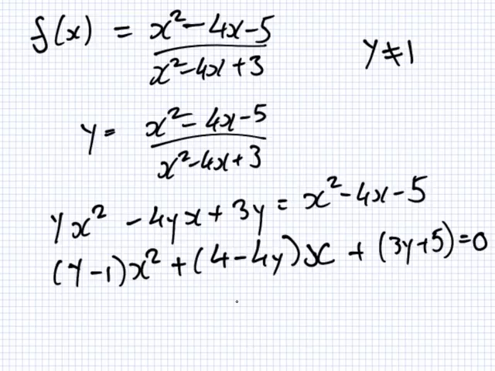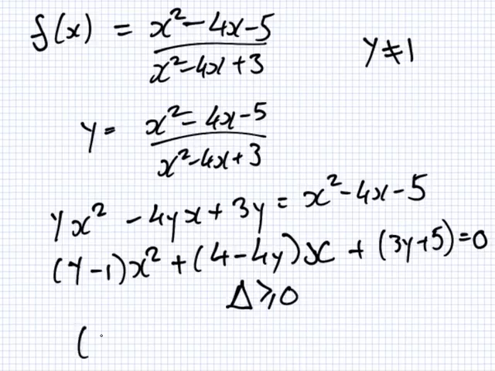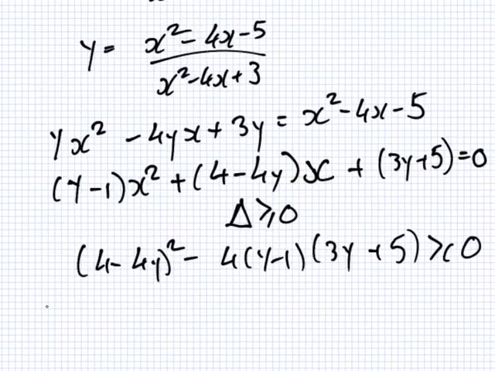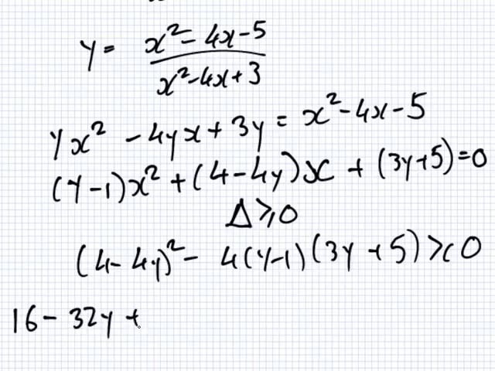If this quadratic is supposed to have solutions, then its discriminant needs to be bigger than 0. So we have b squared minus 4ac needs to be bigger than or equal to 0. That's 16 minus 32y plus 16y squared. I hope I got that.